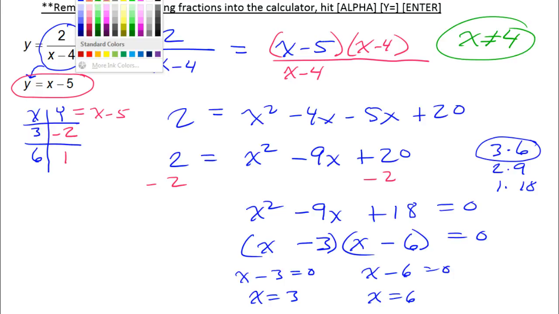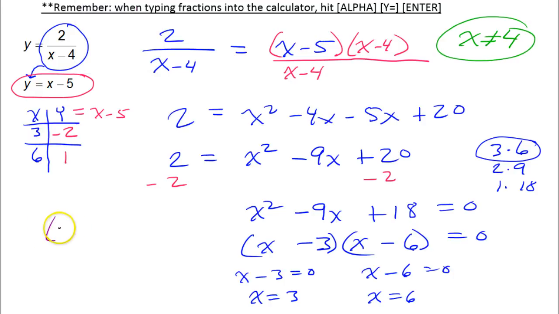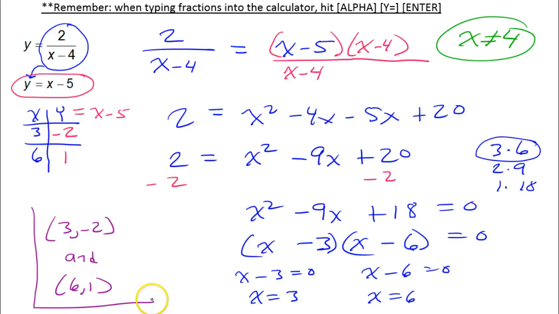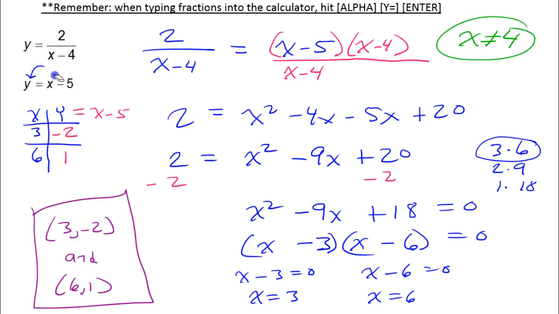So that means our final answer, our two solutions, are 3 comma negative 2 and 6 comma 1. Okay, so we have solved this system of rational equations.